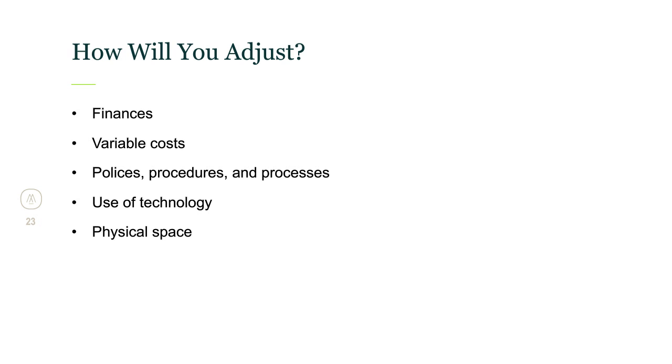Do we respond with changing our physical space that exists today? Do we shift the location of our physical space? What does that look like? For sure, what we know we have to deal with in the short term is the safety of our physical space relative to COVID in terms of social distancing, cleaning, that type of stuff. We're all having to deal with that, but that hopefully will come and go.